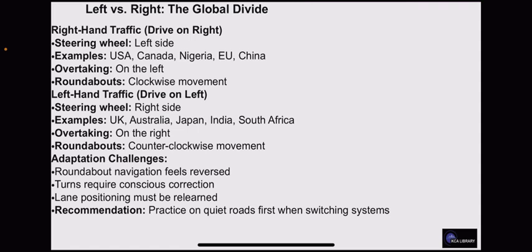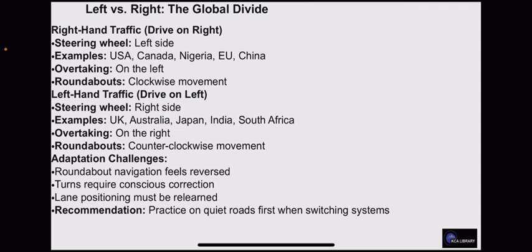If you notice, the steering side is always at the left side of our vehicles. The traffic that we follow is the right hand traffic. Overtaking is on the left. The roundabout includes clockwise movement.